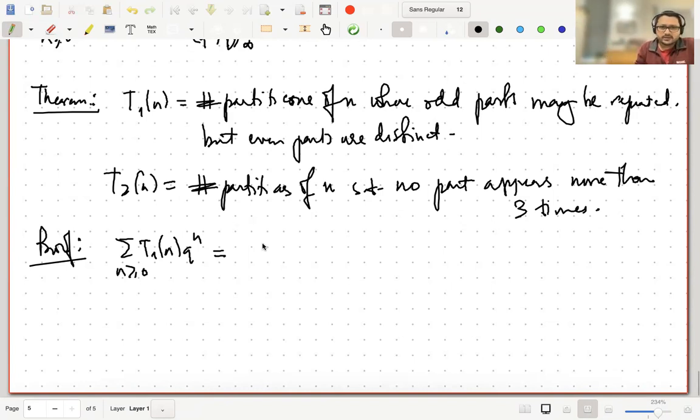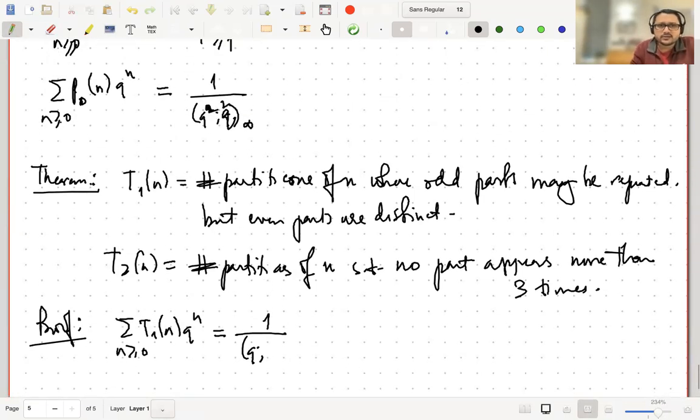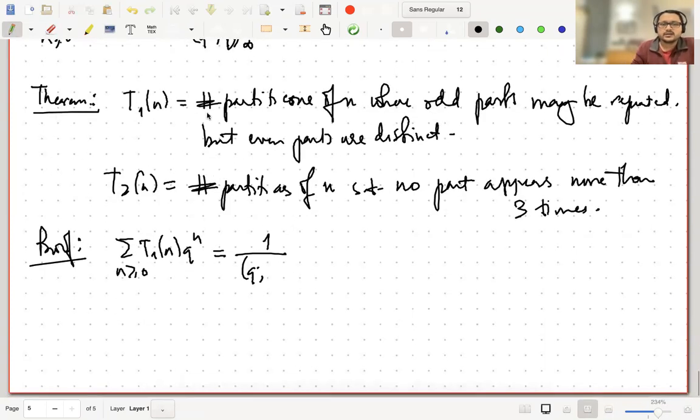So for the odd parts, this is just 1 over Q square infinity. And then for the even parts distinct, I replace the Q by Q square. So this is the generating function for T1n.